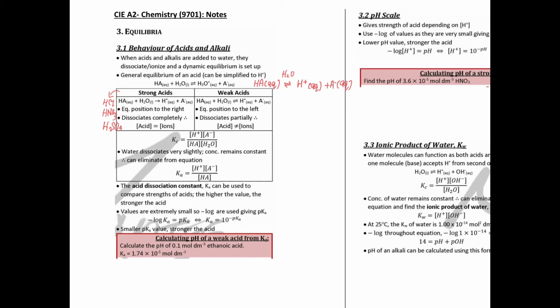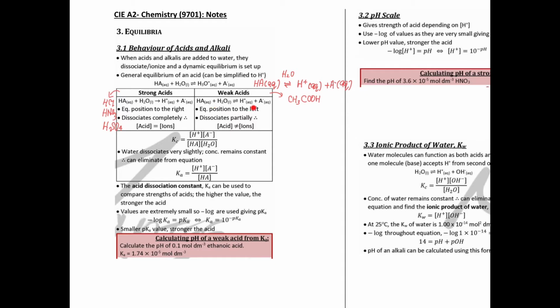Now let's see weak acid. The famous example is CH3COOH. Of course you have others, so I just put one first. Now, for weak acids, when they react with water, they ionize partially in water.